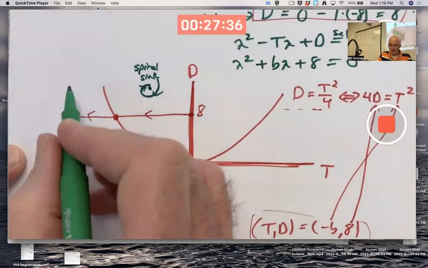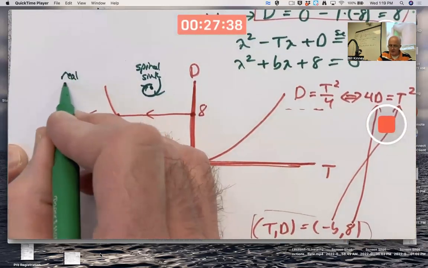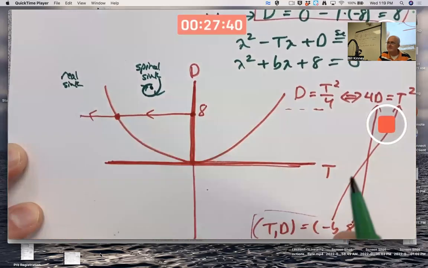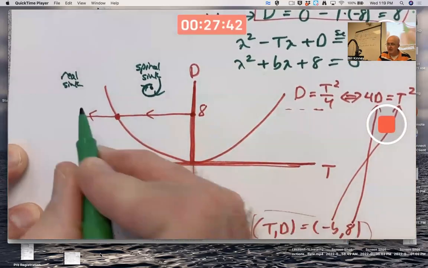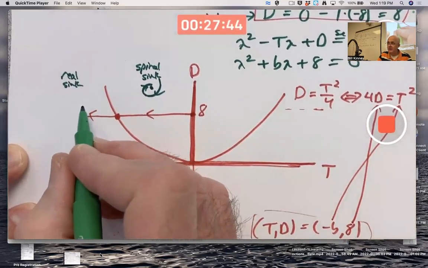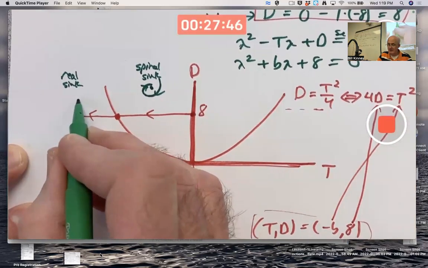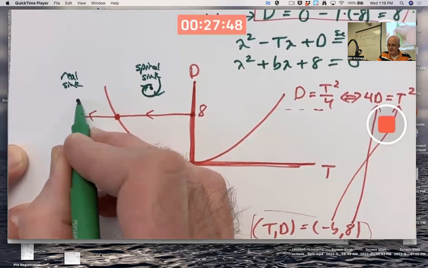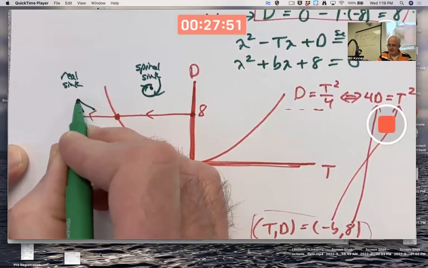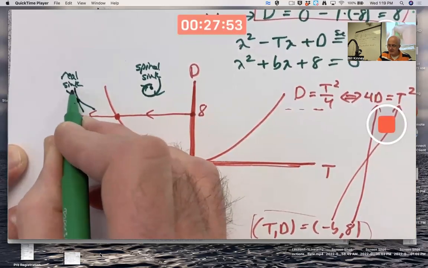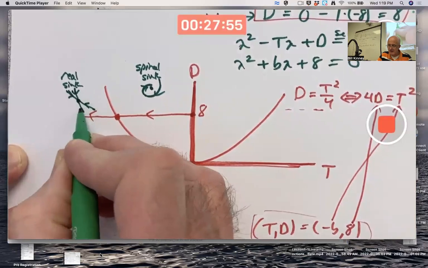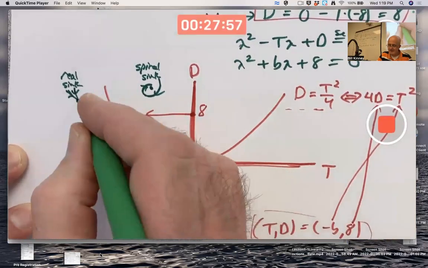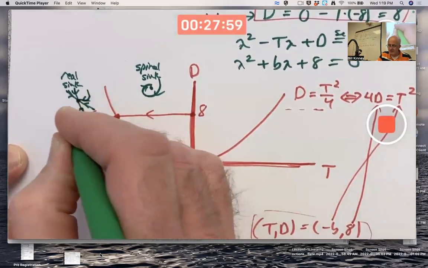When you're over here, it's a real sink, or you could just call it a sink for short. You're going to get real eigenvalues and real eigenvectors, so you'll get straight line solutions. I think typically it looks about like this, and other solutions curve in.